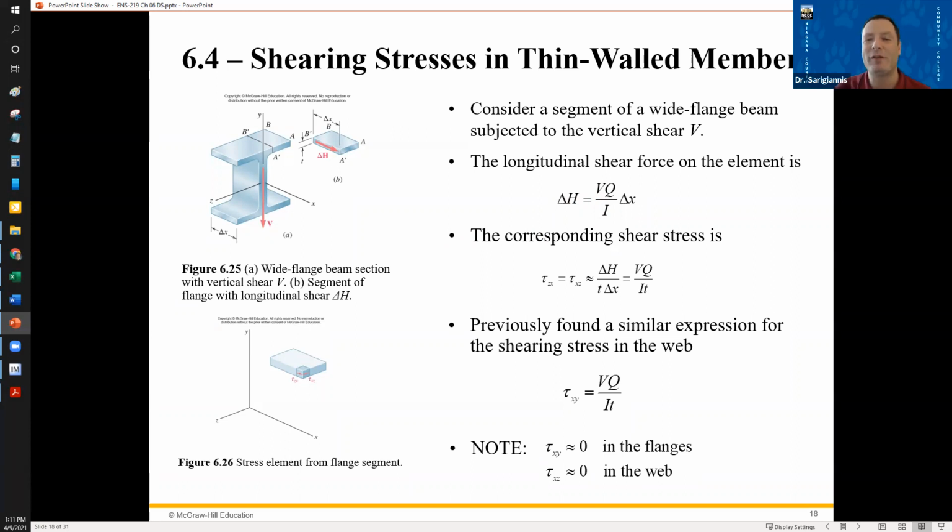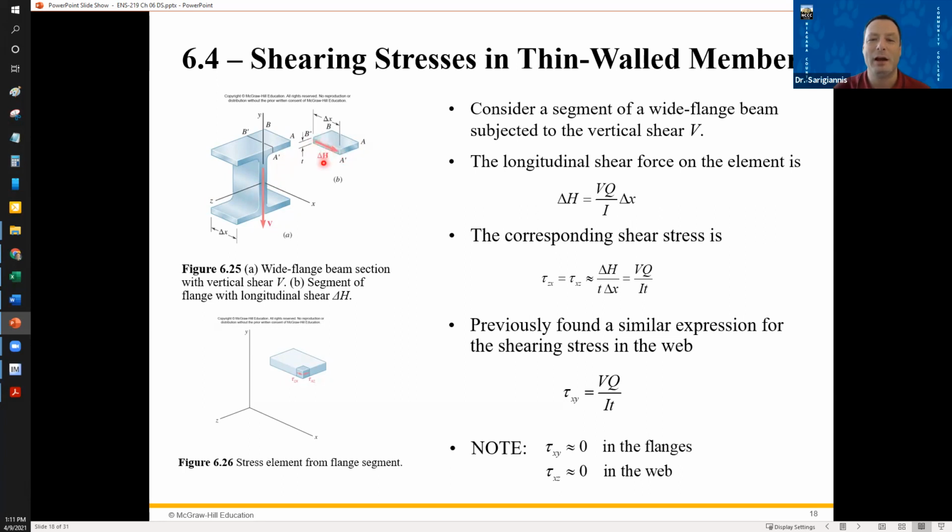Now, if we want to find the shear stress for each of these positions, this is where the subscripts start getting a little fuzzy. This is tau ZX and tau XZ. So let's look at what that means. Tau ZX means you're on the plane that's perpendicular to the Z axis and you're along the X direction shear.